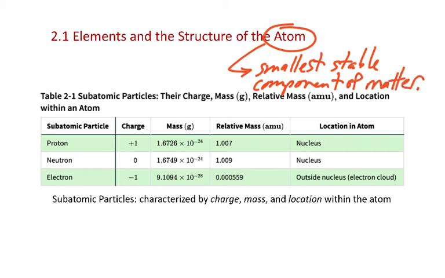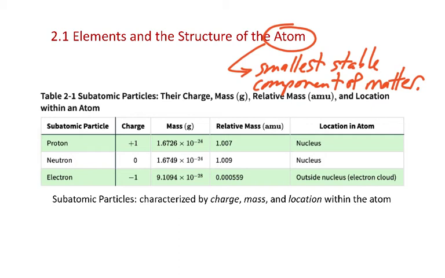And the original word, atomos, meant like undividable, something that you cannot break down, which is kind of ironic because now we're going to talk about subatomic particles, the particles that atoms are made up of. So it actually can be broken down, but that was not known until recently.